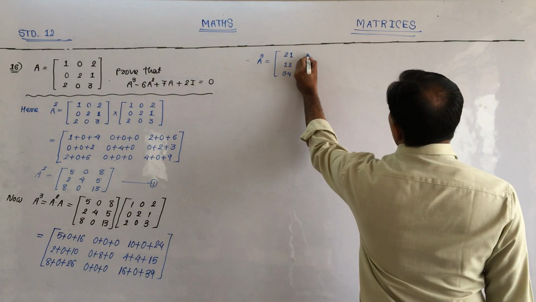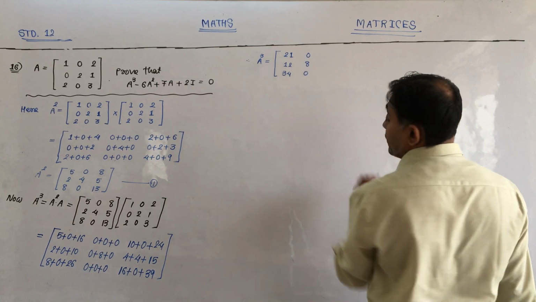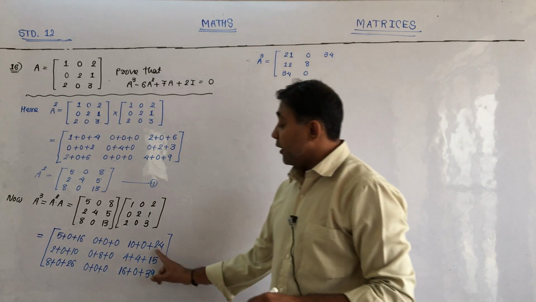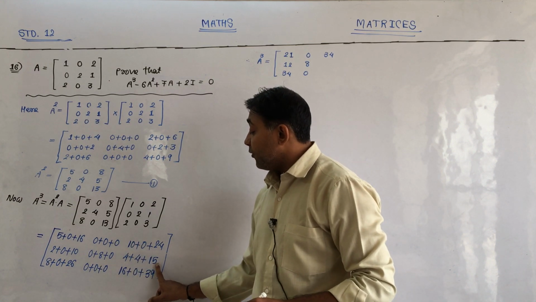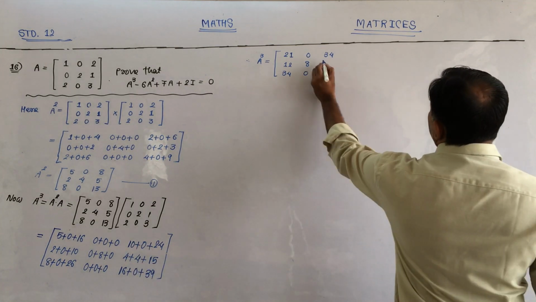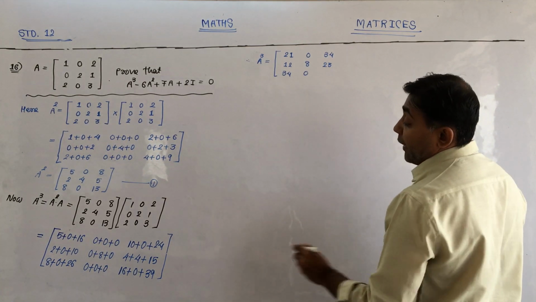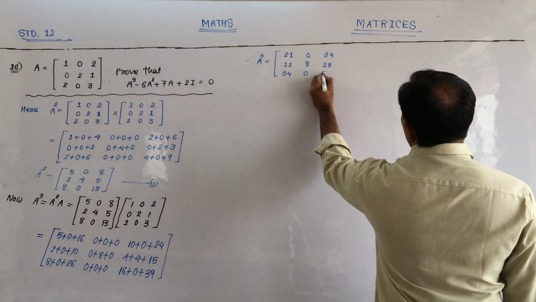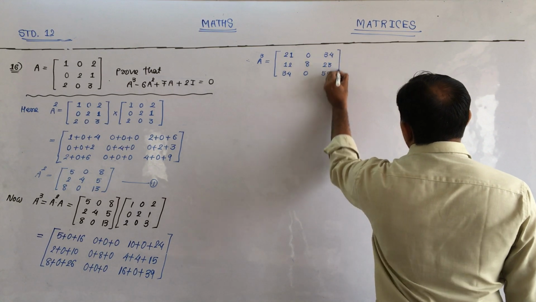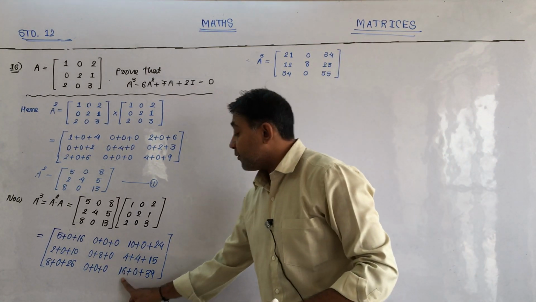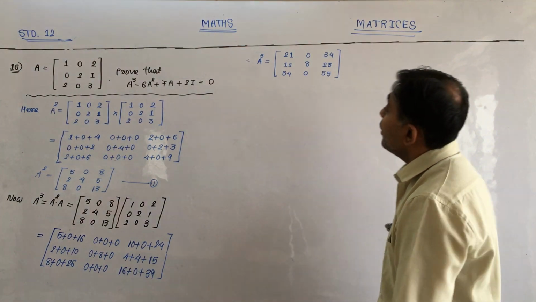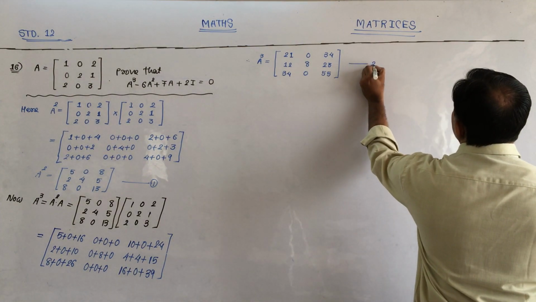Now here is 0, 8 and 0, and after that 24 plus 10 is 34. Here is 15 plus 8 is 23, and here is 39 plus 16, so it is 55, right? 9 plus 6 is 15, 5 1 3 plus 4 plus 1 is 5. So this is A cube.